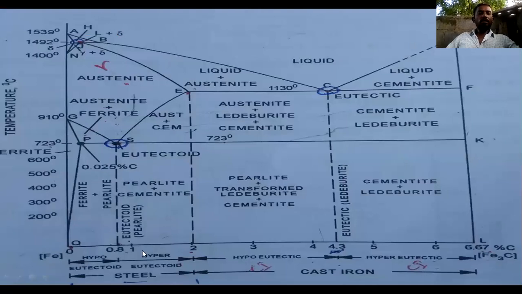From 0 to 2%, and from 2% onwards, we can see the eutectic and eutectoid reactions. But in this topic, steel, in the cooling process, we can observe: carbon content less than 0.8% we can call hypo-eutectoid steel, and carbon content 0.8 to 2% we can call hyper-eutectoid steel. Carbon content 0 to 2% we can call steel.